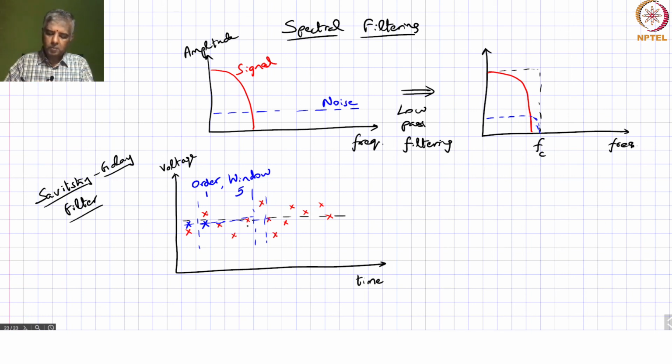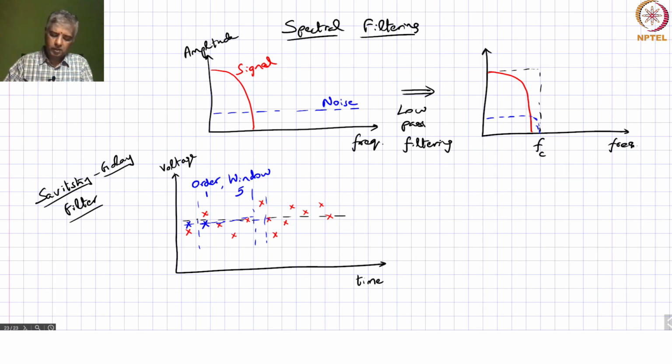So it keeps replacing all the samples with this fit value, and what function we fit is determined by this order, whether it's first order, just a simple line, or if you go to 2, it's a quadratic function, go to 3, it's a cubic function, and so on. So you can define different orders.